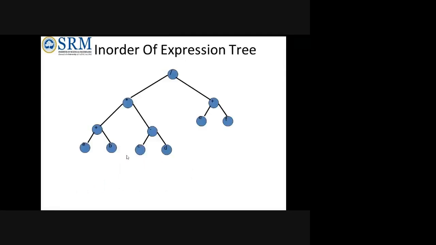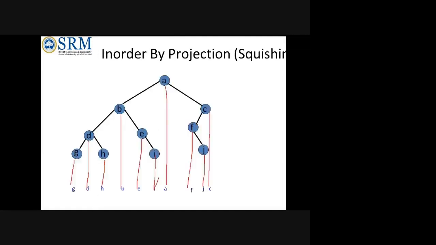When you write numbers, the smallest number will be here, then the next smaller, next small. So you will have an ascending order in your in-order. For other orders you don't have that; in-order alone gives ascending order.